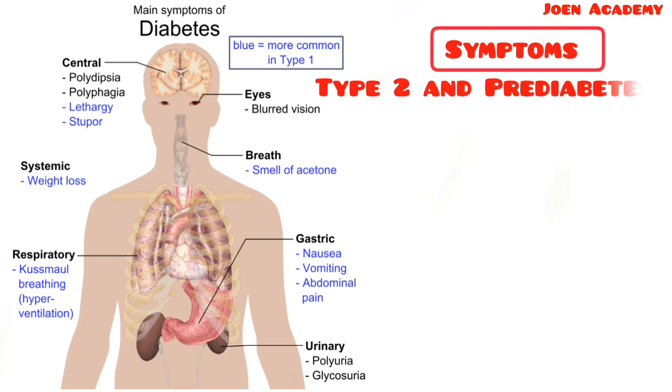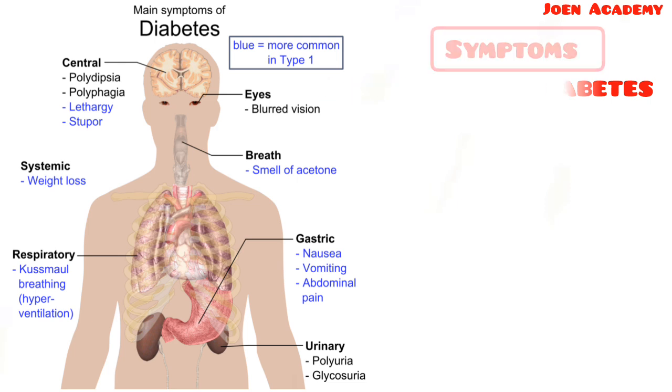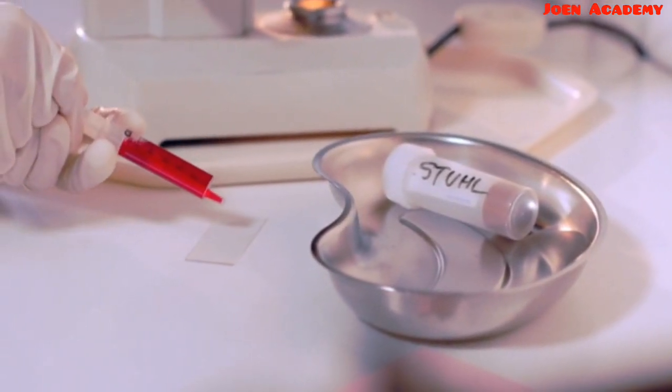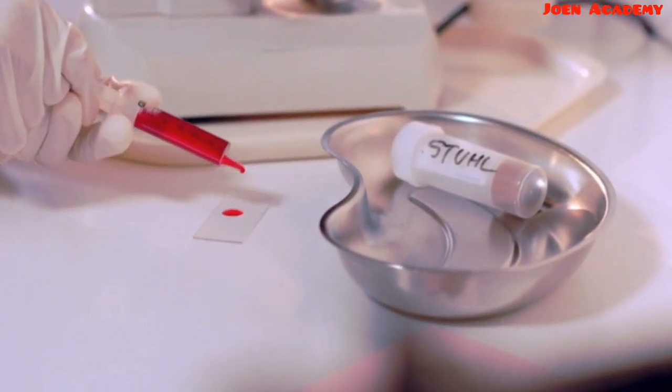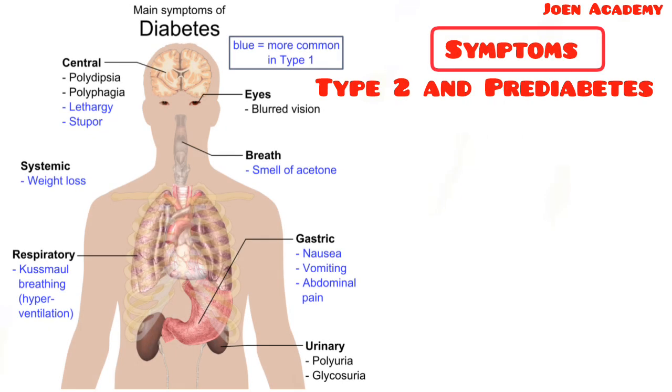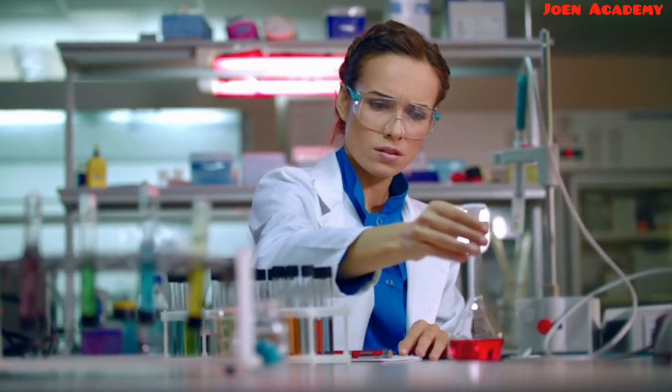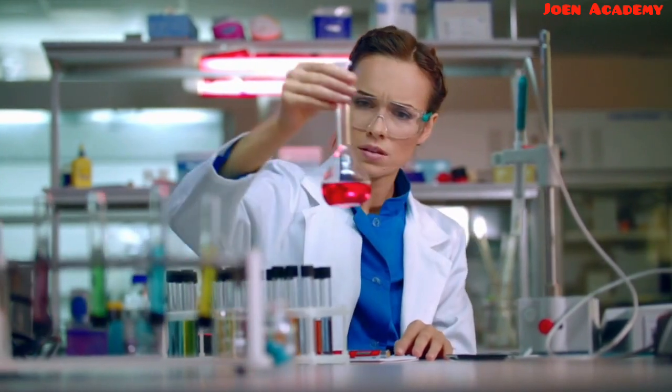As for type 2 diabetes and prediabetes, the individual may not have any symptoms at all, or may not notice them since they develop slowly. Frequent blood tests will be required before you can recognize a high blood sugar level. The symptom of type 2 diabetes is usually seen during blood screening, whereby there is a high level of glucose in the blood.